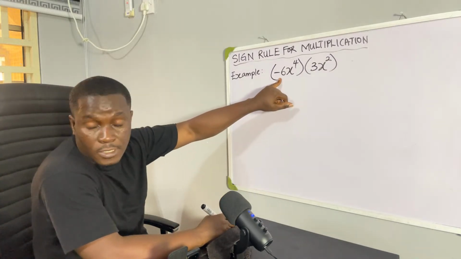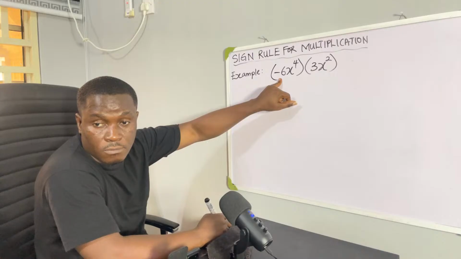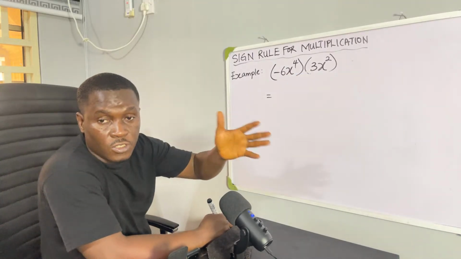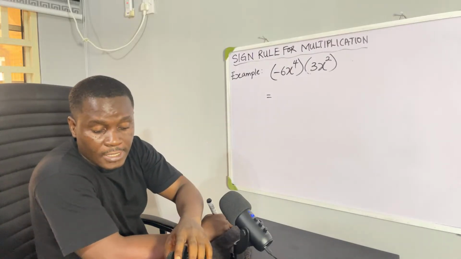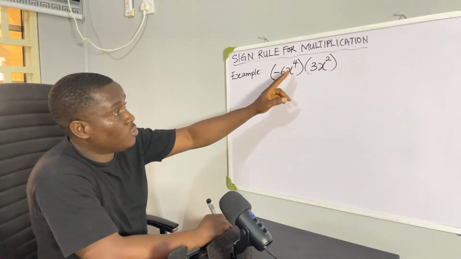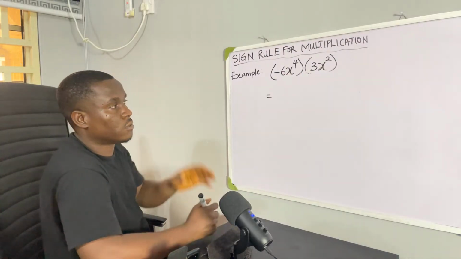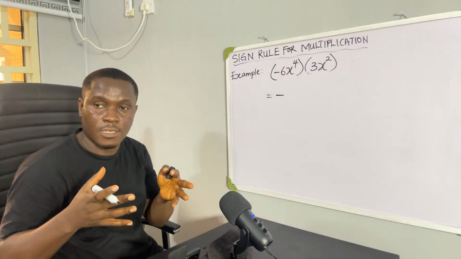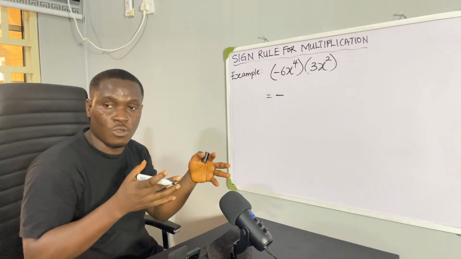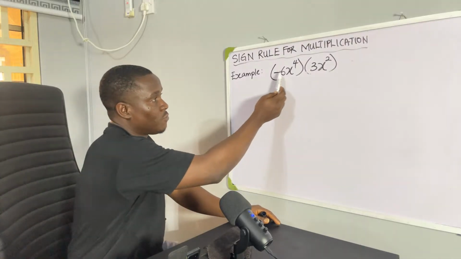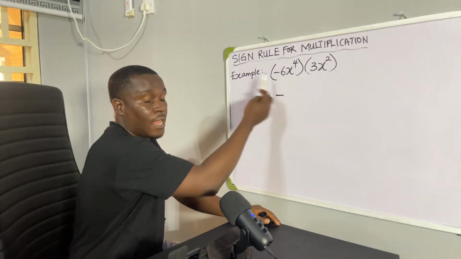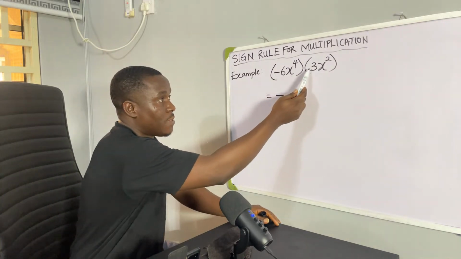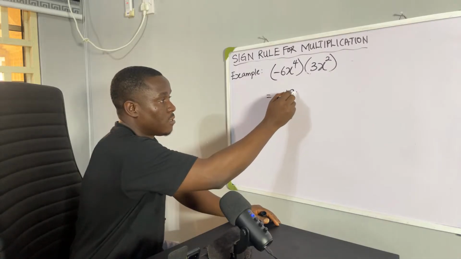So this is a negative sign, right? What sign is here? Positive. Since there is no sign, we know that the sign here is positive. So negative multiplied by positive is negative. You can see that now we are considering the signs. We are multiplying the signs before we go ahead to do other things. The principle of multiplication says multiply the coefficients. So 6 multiplied by 3 gives us 18x.